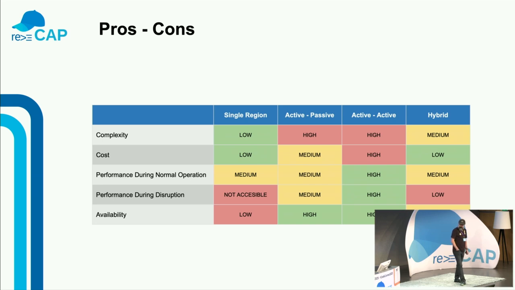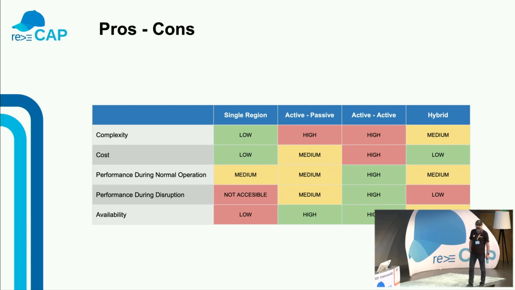So I tried to put some kind of pros and cons for each option, in terms of complexity, cost, performance during normal operation or disruption, and also availability. As you can see, the first option is the best option, but the cost is high and implementation is almost impossible, but the hybrid setup looks acceptable.